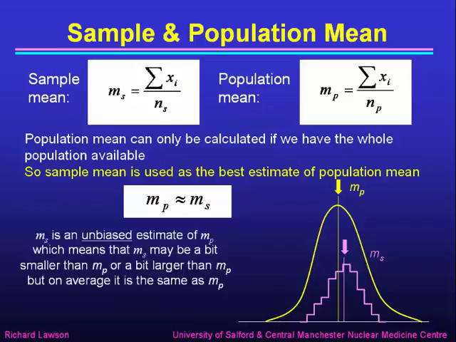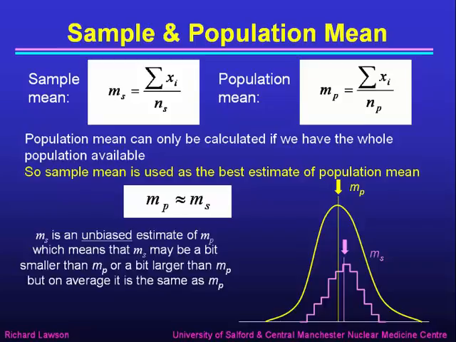So, as we observed in the previous section, when we looked at the illustration using ages of patients, we saw that the sample mean MS is an unbiased estimate of the population mean MP. Unbiased means that it may be a bit smaller than the population mean or a bit larger than the population mean, but on average it's the same as the population mean.